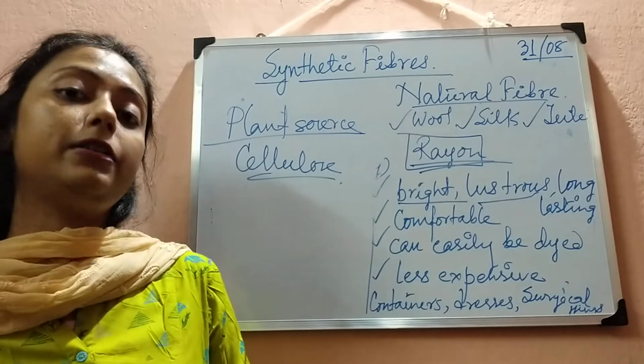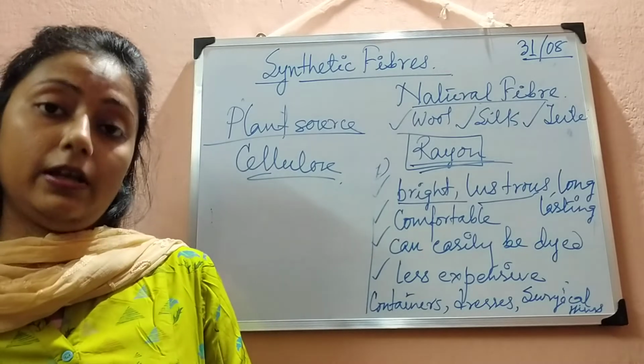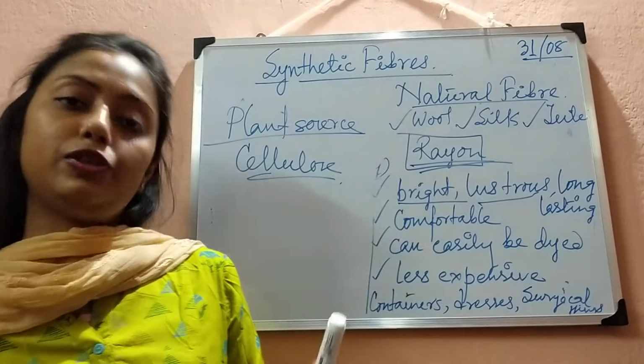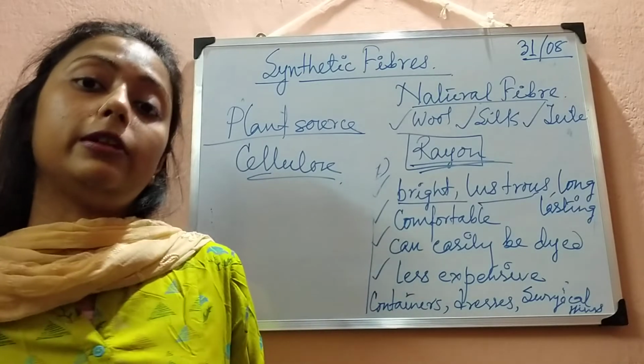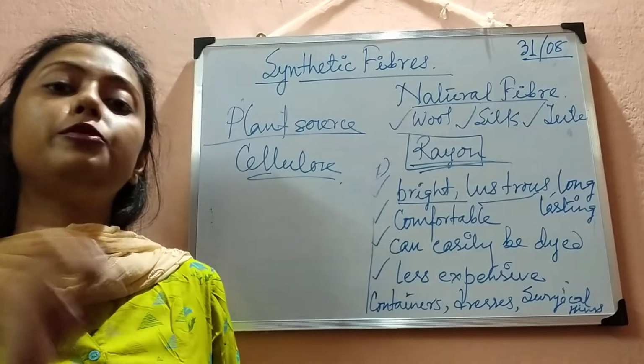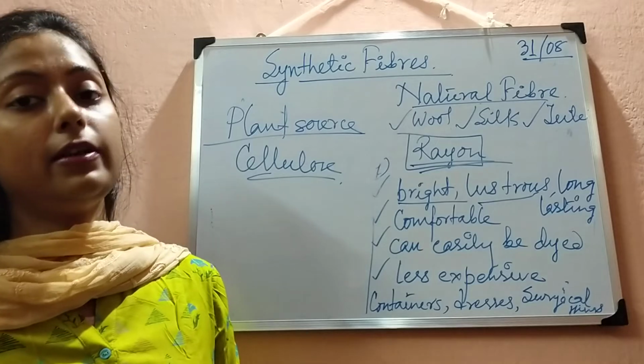So that's truly artificial. But rayon is the intermediate between natural and artificial. But we call it artificial. Why? Because the source is natural, okay. But the procedure to obtain the rayon from the plant is purely, truly artificial, synthetic. So we call the rayons synthetic fibers.